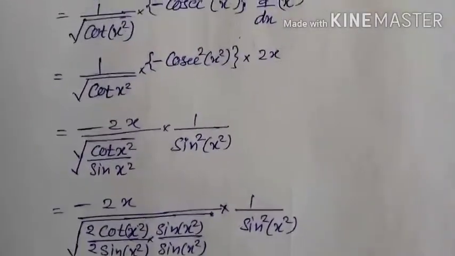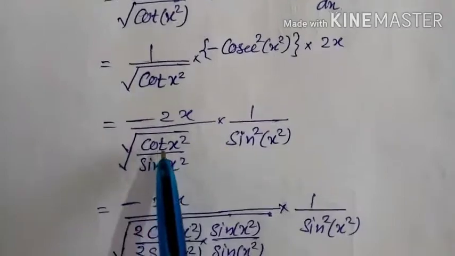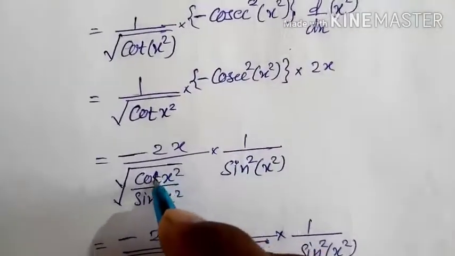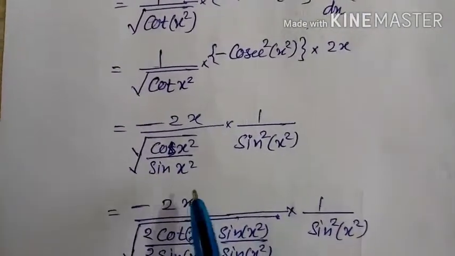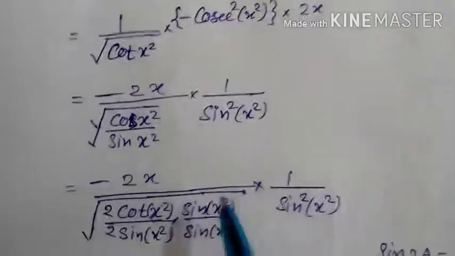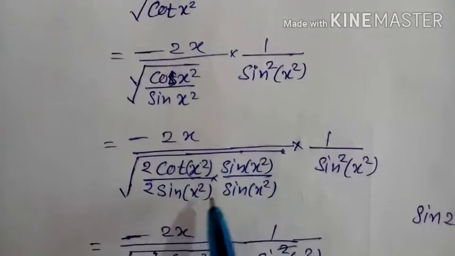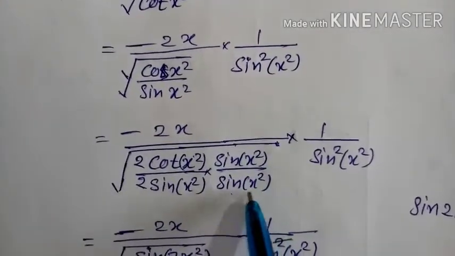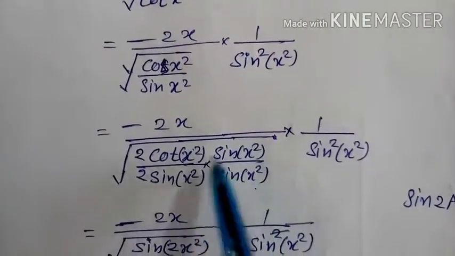So let's see here, in place of cot x, we will write cos x square upon sin x square, into sin square x square as it is. Now multiplied by 2 and divided by 2, and also multiplied by sin x square and divided by sin x square.